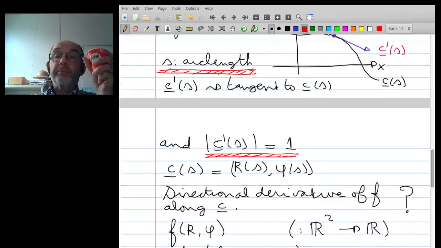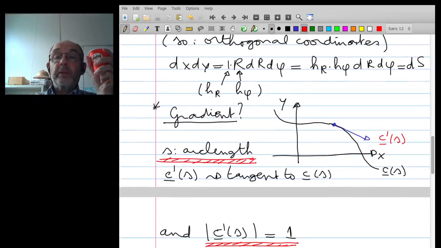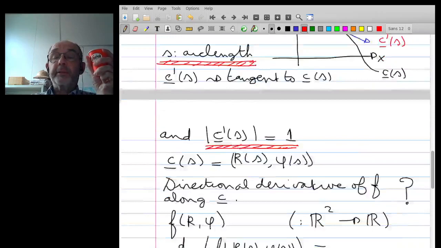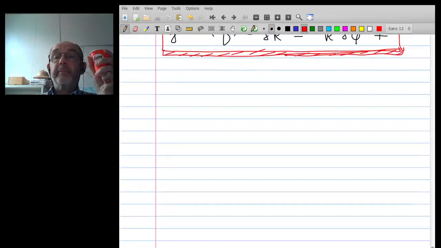Constant, and what is of importance is that the curve is parameterized by its arc length.